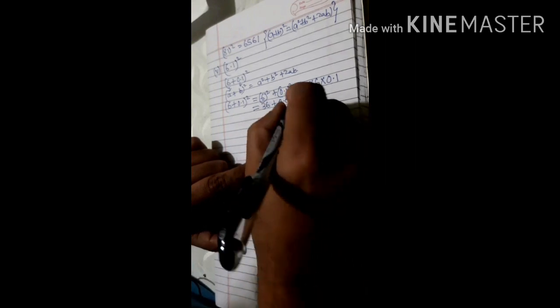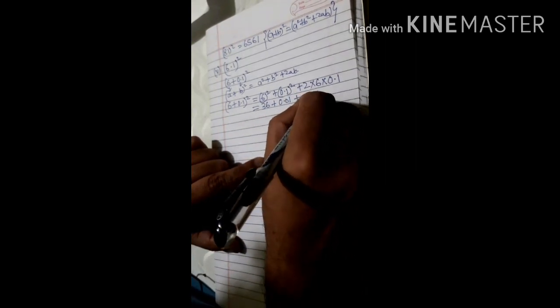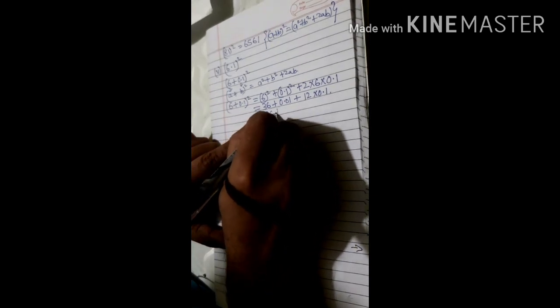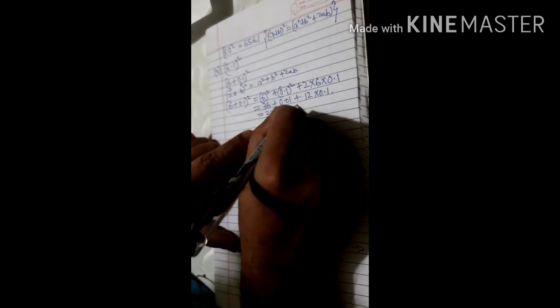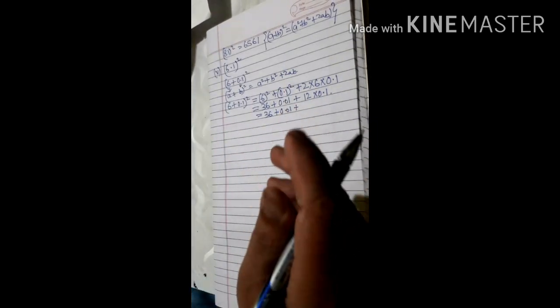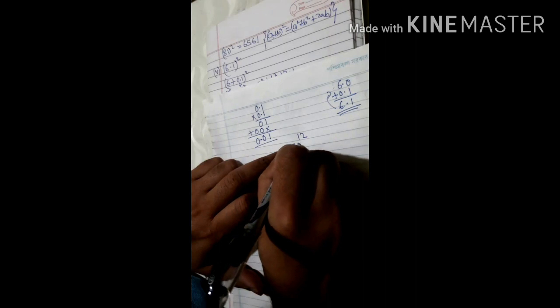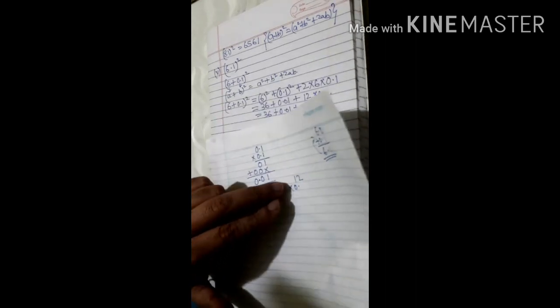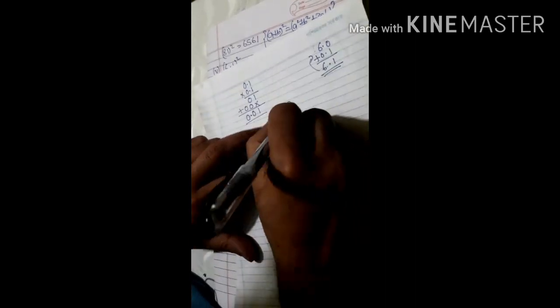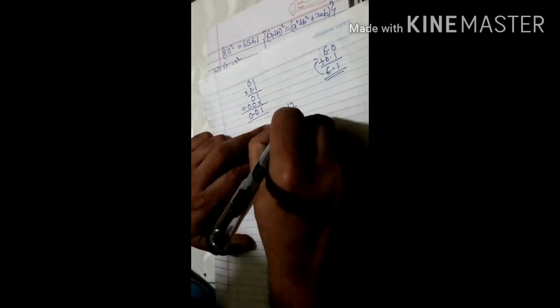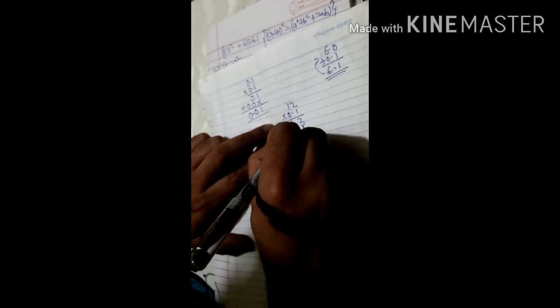0.01 plus 2 into 6 is 12 multiplied by 0.1. So this is equal to 36 plus 0.01 plus now 12 into 0.1. So let us work it out in our rough work. 12 multiplied by 0.1. 1 2 is a 2, 1 1 is a 1, multiplied by 0, 0 2 is a 0, 0 1 is a 0.